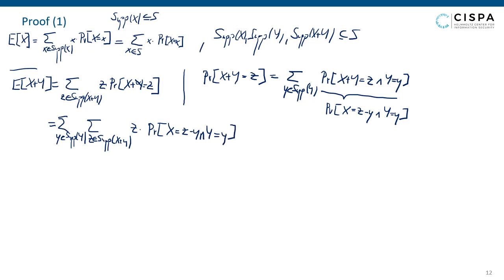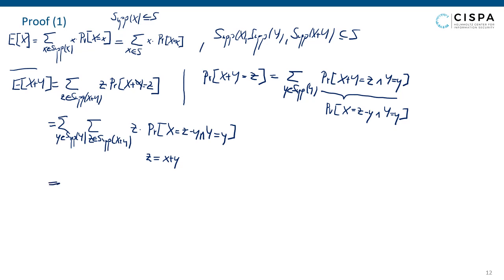So now that we're here, let's perform a variable substitution. Namely, we substitute z with x plus y. So we just choose an x coming from a domain large enough such that we reach all possible values of z in the support of X plus Y if we go over all these x.